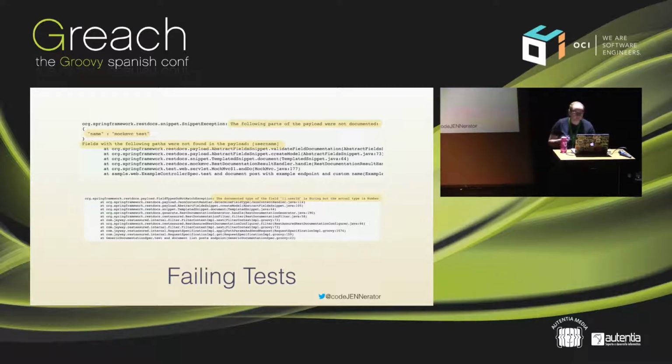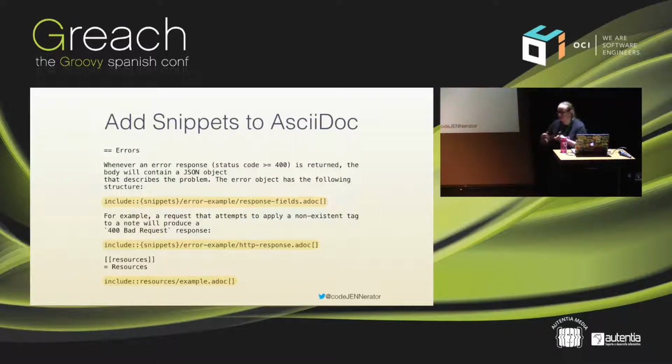Okay. So once you get all of your tests to pass, you're probably going to, or maybe probably do this in phases, you can include your snippets back into your Asciidoc. And so this is really just specific to the way that Asciidoctor works. And of course, if you want to learn more, there are lots of great talks about Asciidoctor and the Gradle plugin.